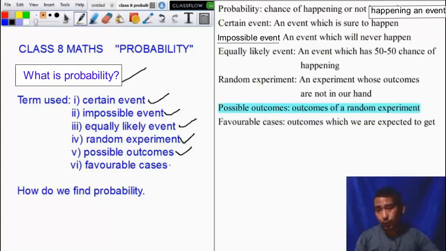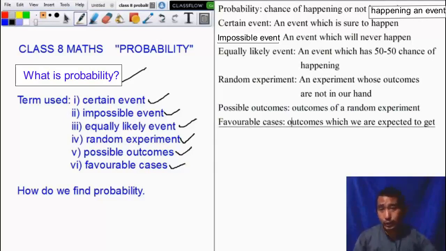The final point, the favorable cases. The favorable cases means the outcomes which we are expected to get. Like in case of tossing a coin, if we wish to get a head, then the favorable case will be head, or if we wish to get a tail, the favorable case will be tail.